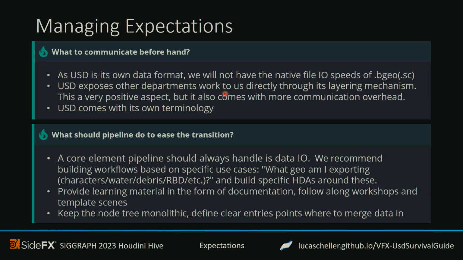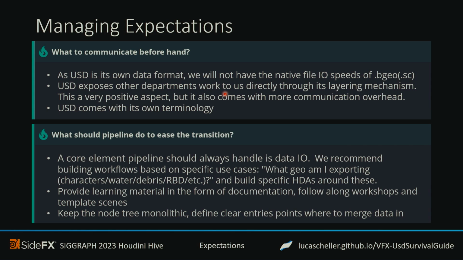Again, USD is its own file format, so you should not tell your artists that everything is going to be 10 times faster. You need to convert from and to it, and it's not going to have the speed of BGO. You should also communicate upfront, because with USD's whole layering mechanism, you're going to see other departments' work, and this comes with a communication overhead.